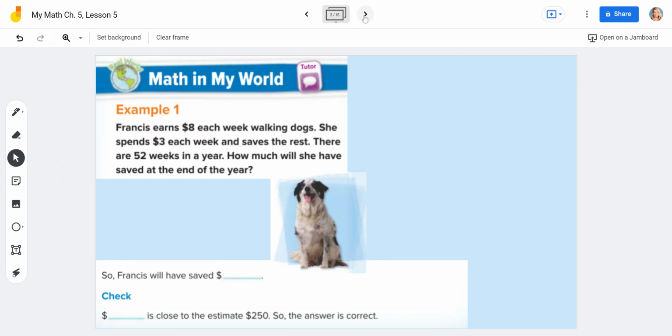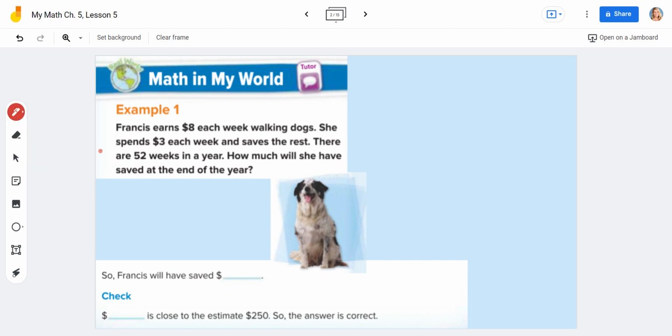So let's take a look at our first example. Now, I know they have the equation broken down below this problem on your page for you, but I really want you to write it out with me as I'm going to write it here. So let's take a look at this.